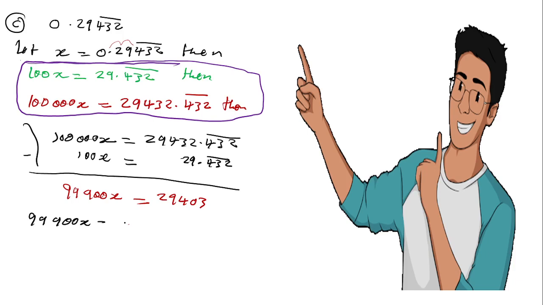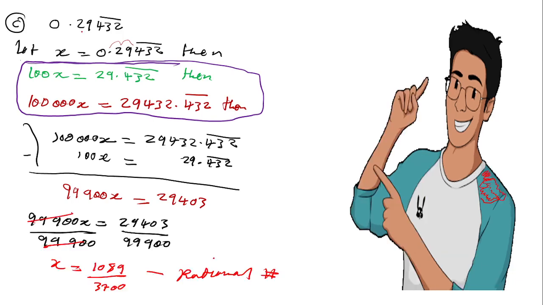Yes, Florence, what's your question? Just to be sure, where have we gotten the 100,000? 100,000 is coming from the number of decimal places. We have 1, 2, 3, 4, 5. According to what I said, you need to use the multiples of 10.